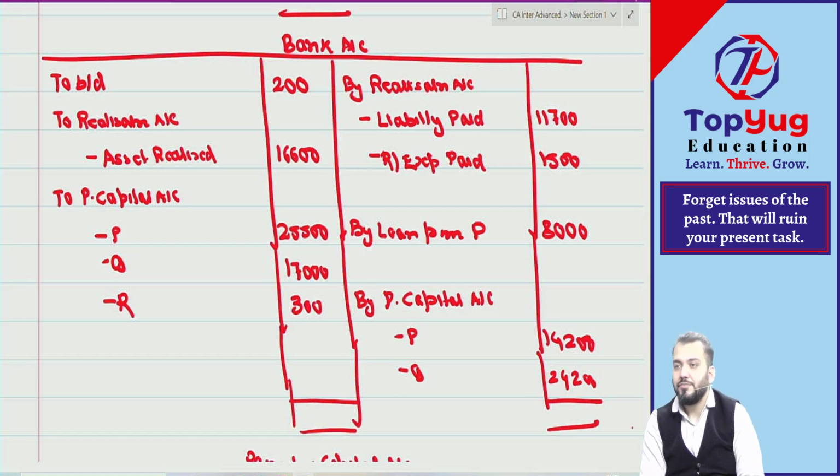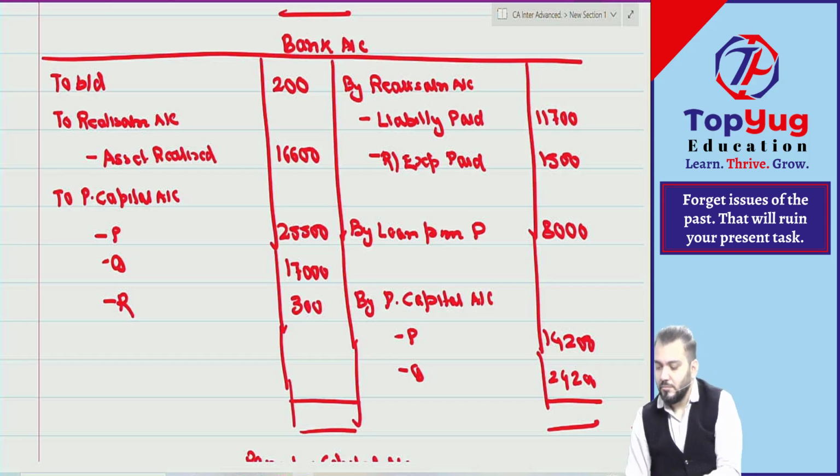Check, it has tallied. Very simple now. Simple or not?